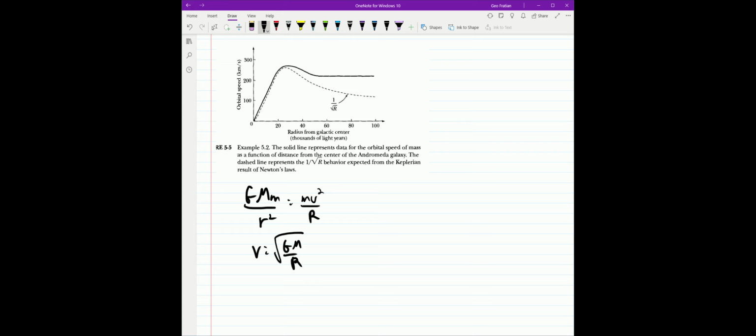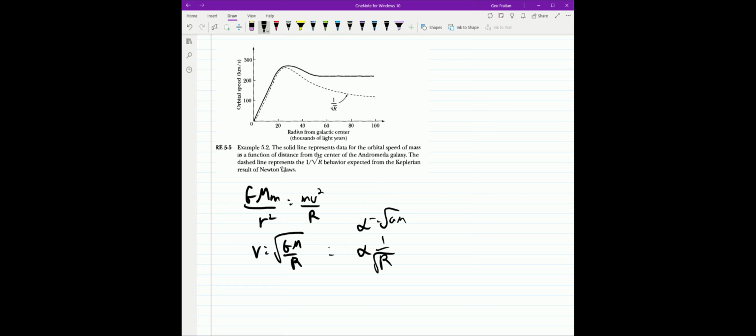And we notice that if this were the case, we would expect it to have this dashed line, right? Because we see the 1 over square root r dependence, because G and M are constants. So I'm going to rewrite this as alpha times 1 over square root r, where alpha is equal to square root GM.